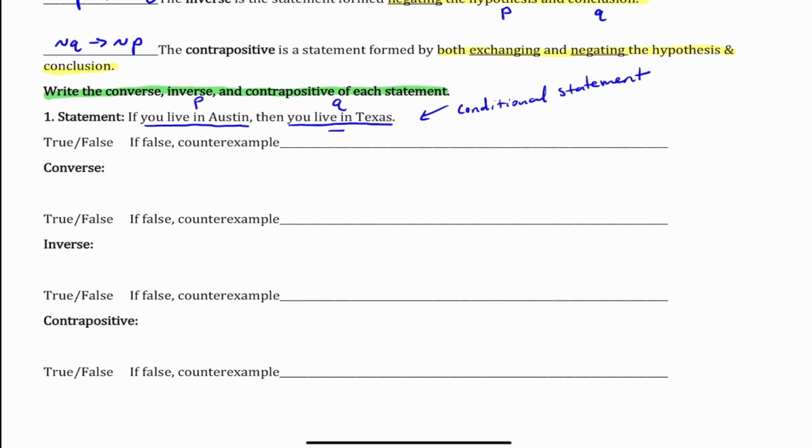Now the question here is, is the conditional statement true or false? If false, I will provide a counterexample.